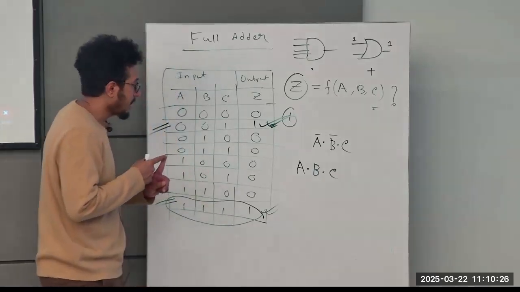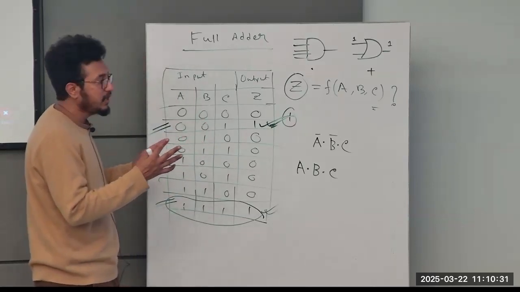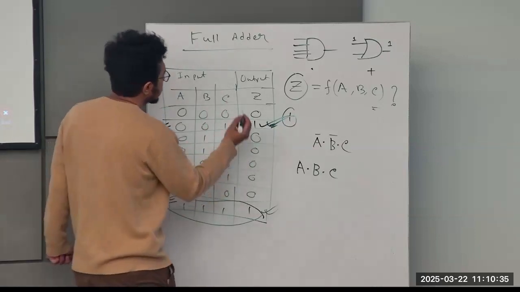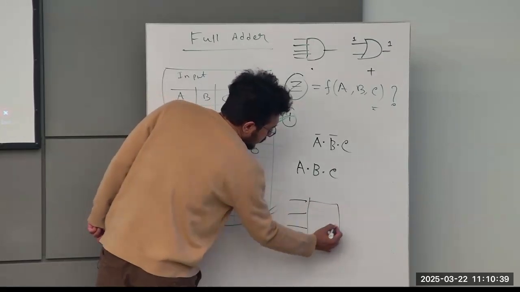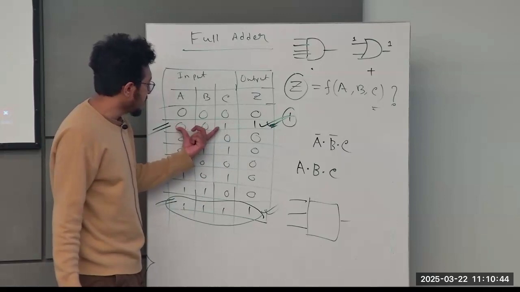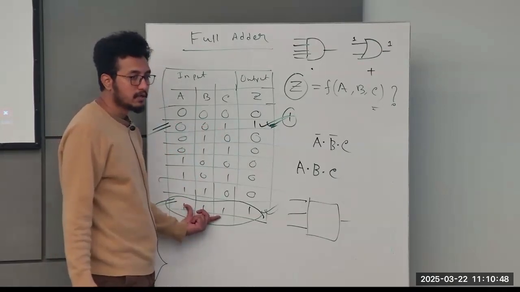Think, I am repeating again. So you have 3 inputs in your circuit. How many? 3. And how many outputs? 1. You have 3 inputs and you have 1 output. So either for this combination or this combination, you want to get what? 1.